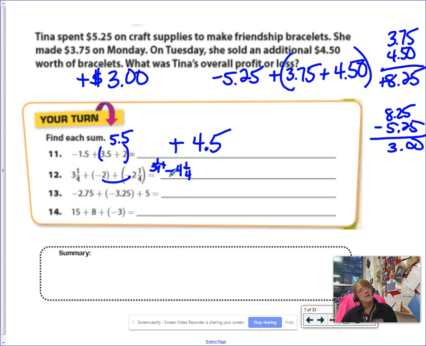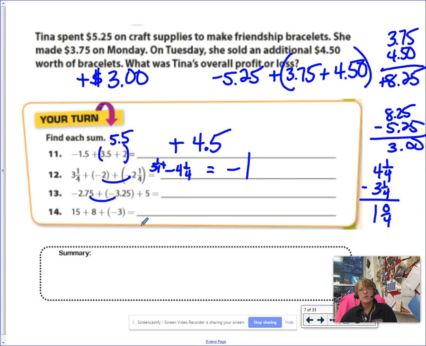Now, when I look at these two, this one has more power, so my answer will be negative. And then different signs, find the difference. The fractions go to 0/4, and you're just left with 1, and it's negative.